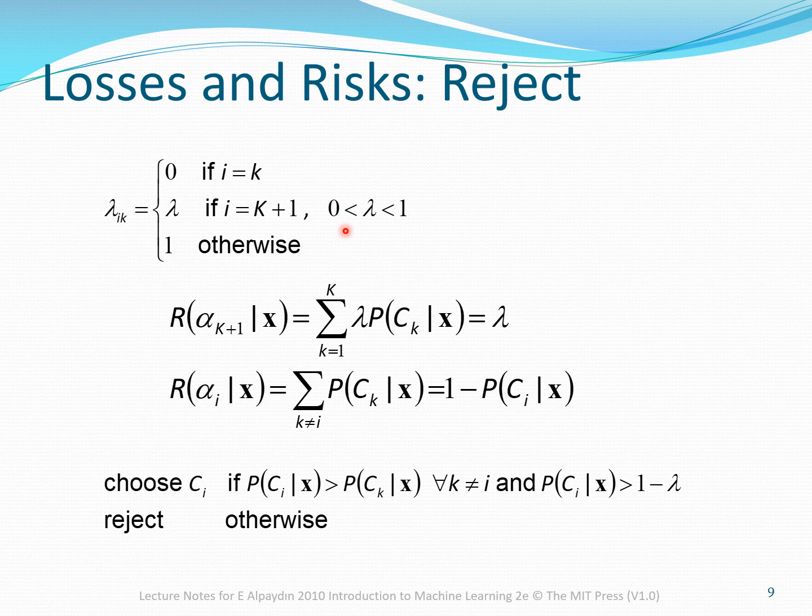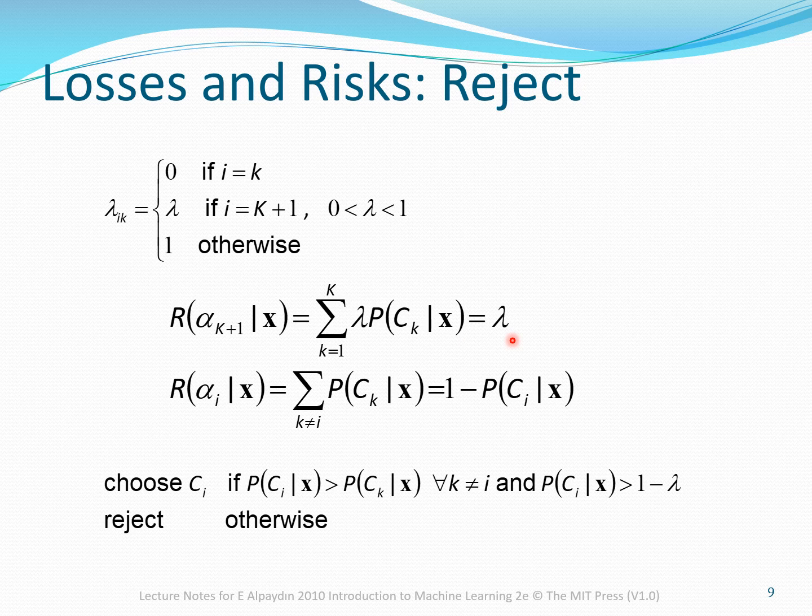This 0 less than lambda less than 1 is the loss incurred for choosing the (k plus 1)th action, that of reject. Then the risk of reject is R of alpha_(k+1) given x, the sum over k equals 1 to K of lambda P of C_k given x, equals lambda.